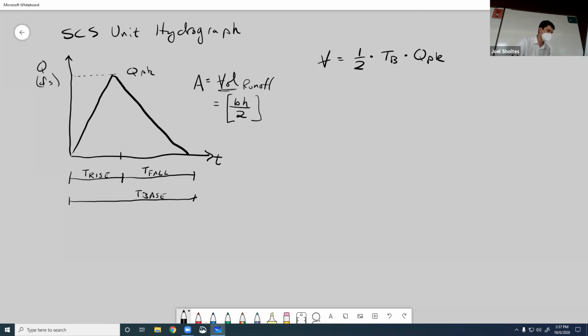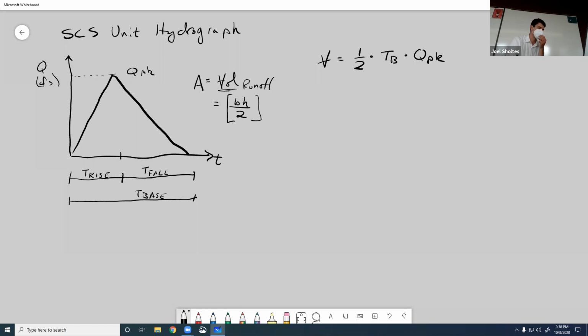Now, we're using these SCS methods. They're pretty old school. They went and looked at a lot of data. They looked at a lot of these rainfall runoff relationships, and they said, we need to make a simple method that people can use everywhere. So they went out and asked, what's the relationship between TR and TF, T rise and T fall?